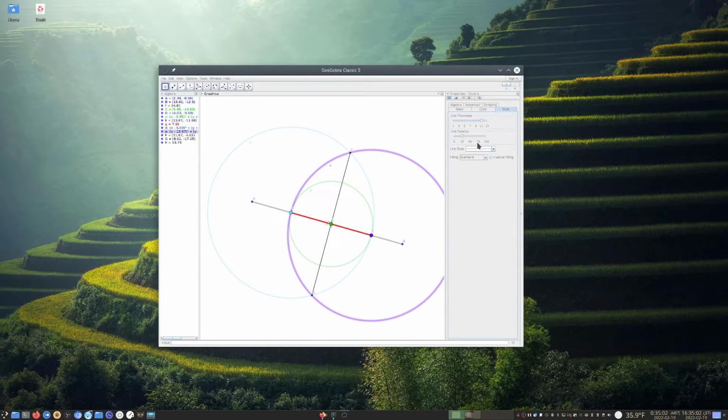You know what we'll do? We'll bump up the opacity to like 75%, okay? That's what we're going to do. We're going to bump up the opacity. Okay, but we're going to make them dashed. There we go.